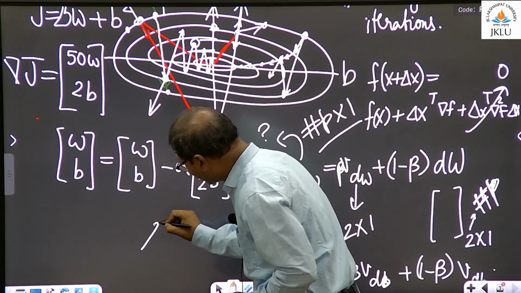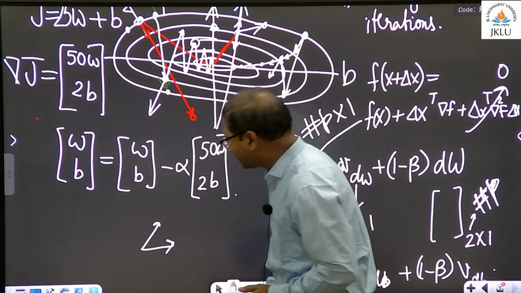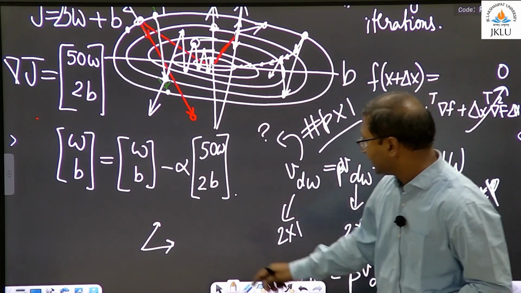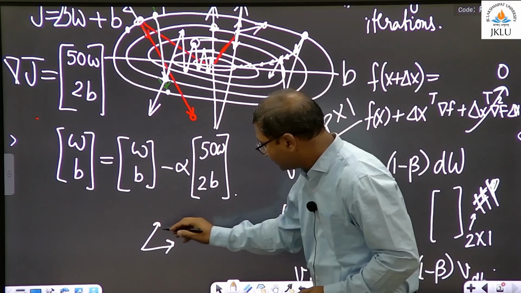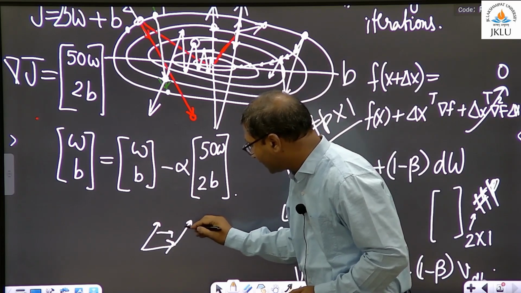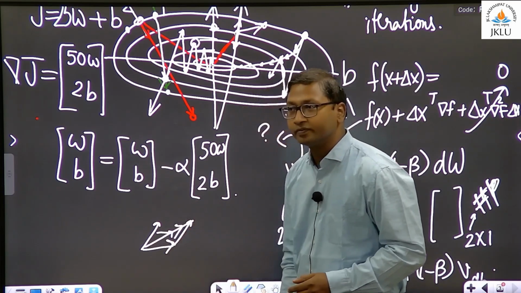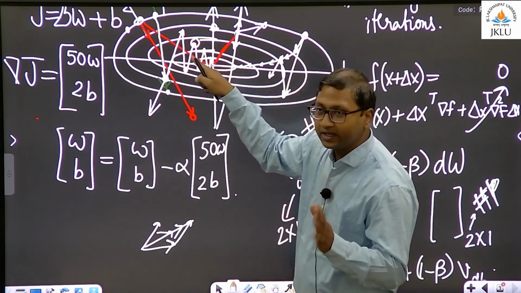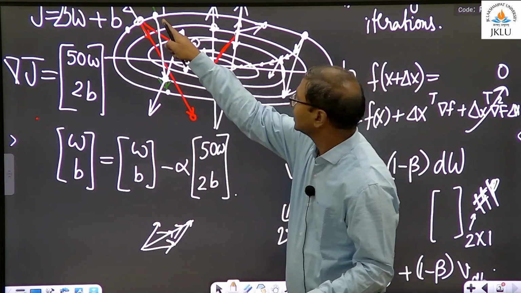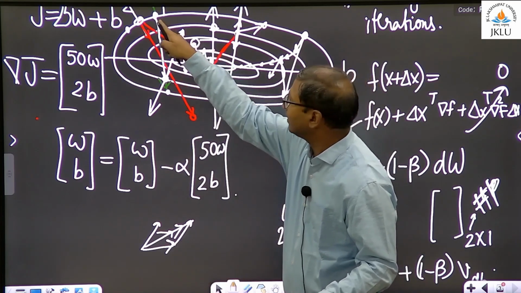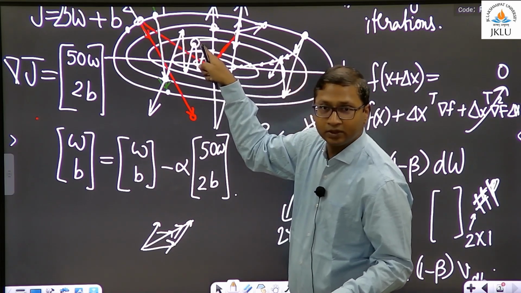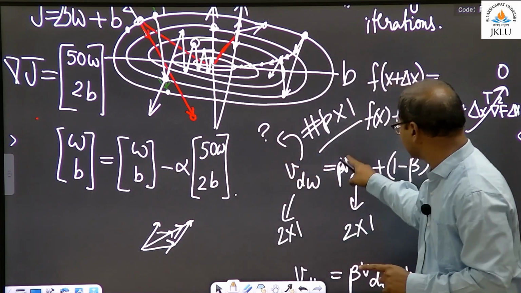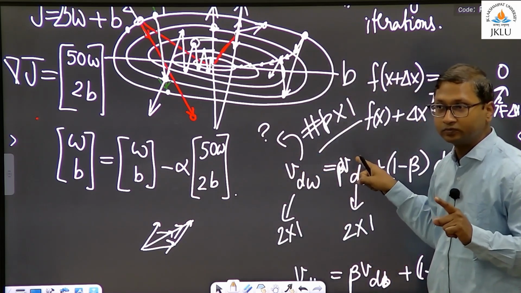I move this here, and then this is their vector sum. They are all already aligned. The vector sum is a vector joining from this point to this point, so this is roughly your VDW.